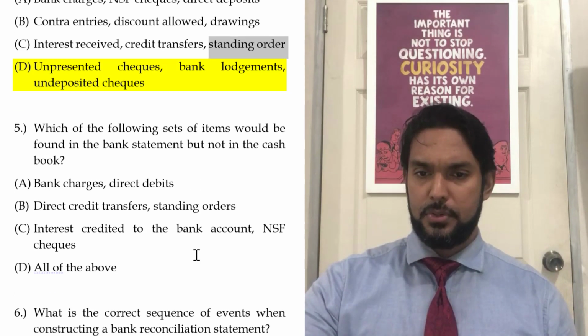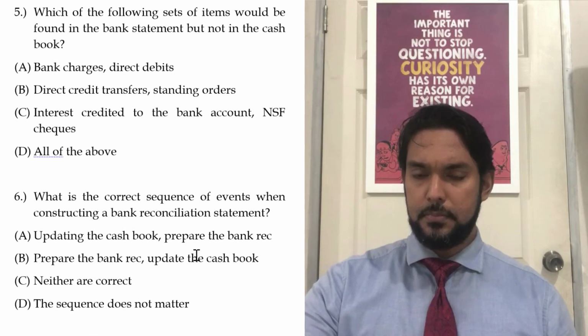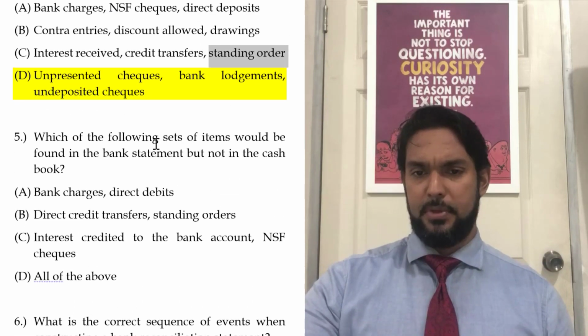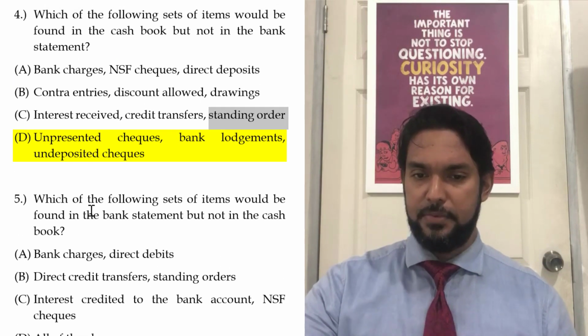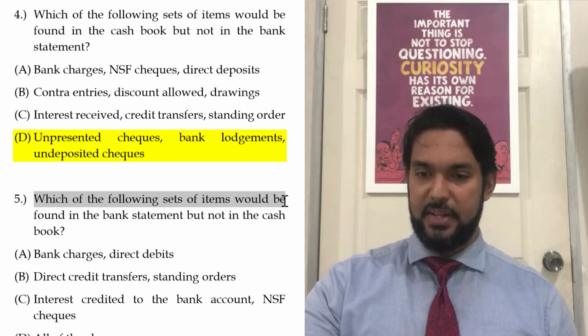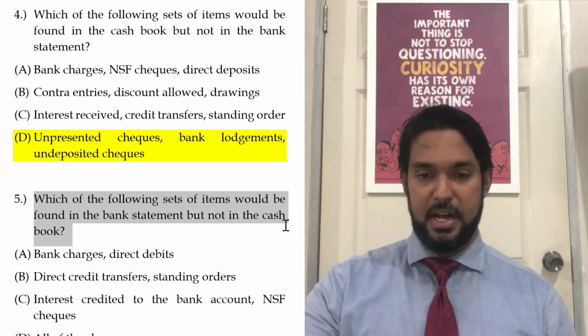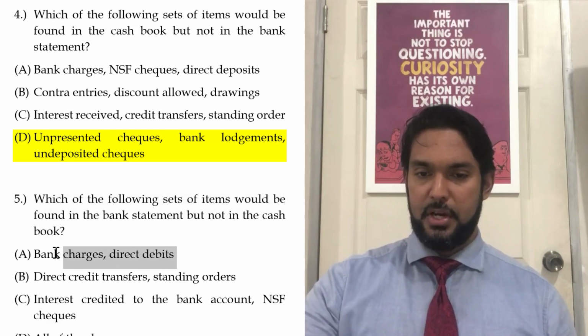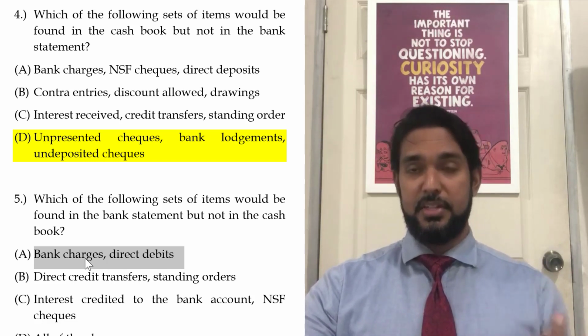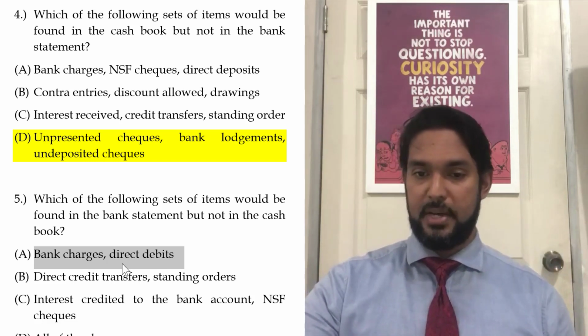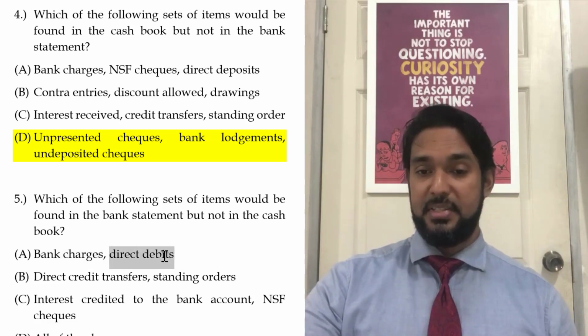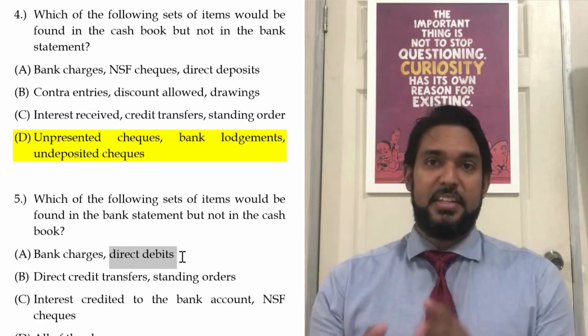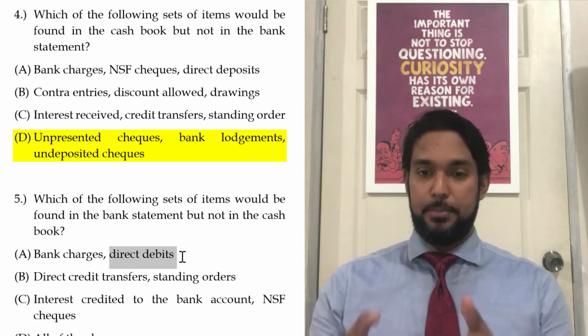So if we scroll down to number 5, or maybe it's possible for me to show you both 4 and 5. Let's see, which of the following sets of items would be found in the bank statement but not in the cash book? Bank charges and direct debits. Bank charges, we just said yes, the bank takes that out of our account automatically. A direct debit, we didn't see that up above, but it's like the opposite of a direct credit or direct deposit.